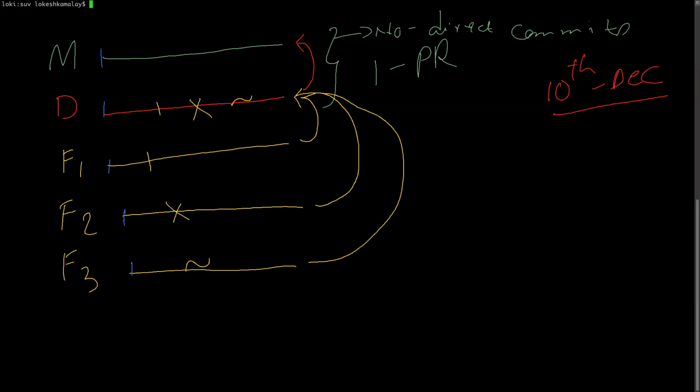Once the code is live successfully, you will have all three commits in your master branch, and then you delete these branches because the code is live. Now the code went live, but there are some issues.